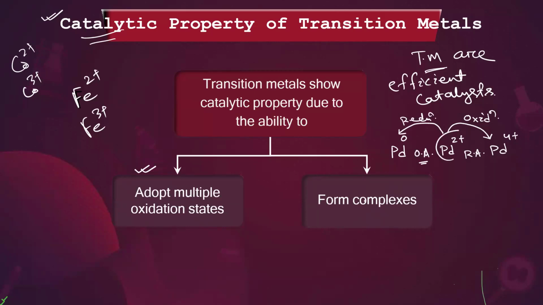If one species is acting both as a reducing and oxidizing agent, since it can undergo both oxidation and reduction, then it can carry out many reactions. The property of a good catalyst is that it can carry out many reactions with more effectiveness.